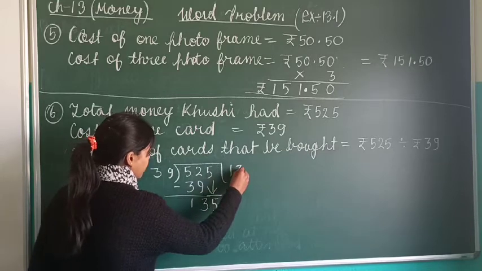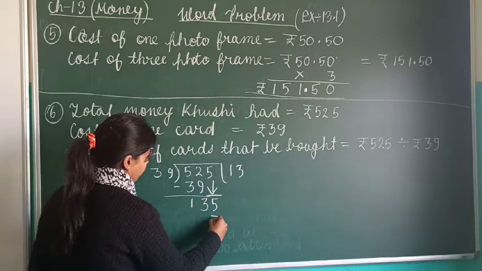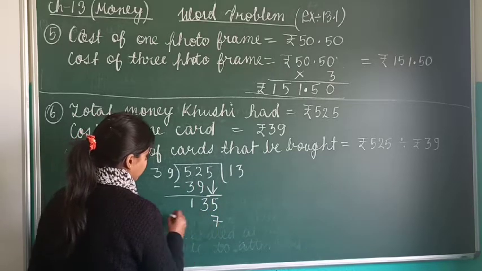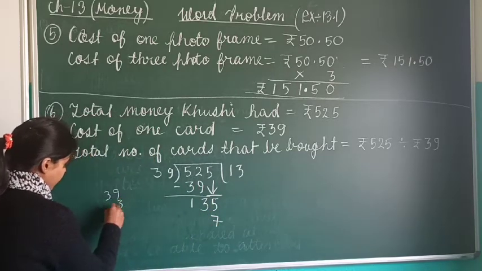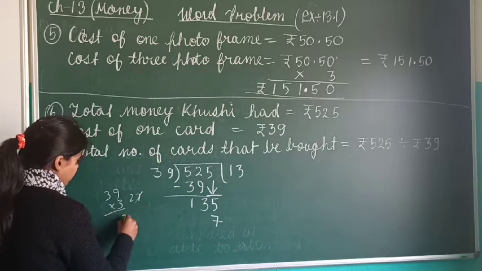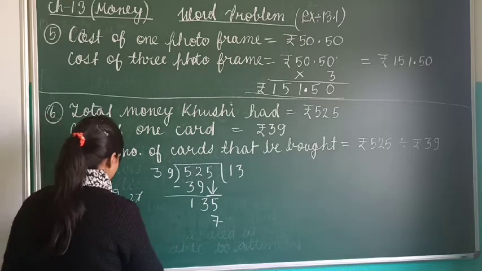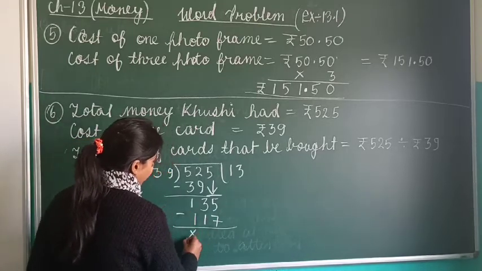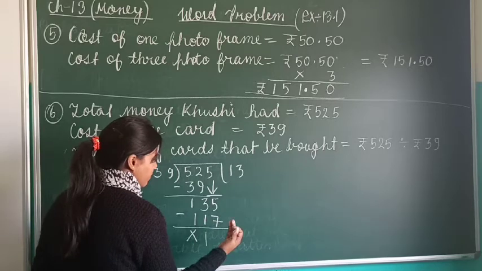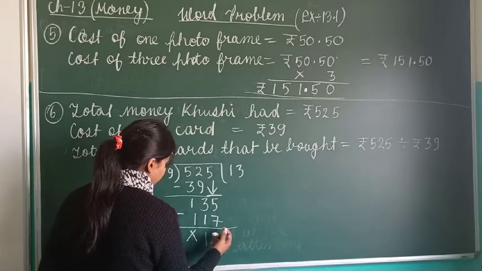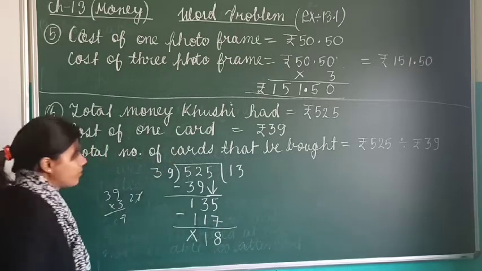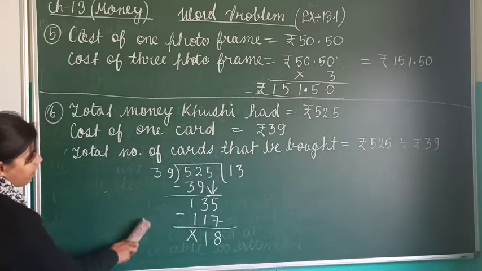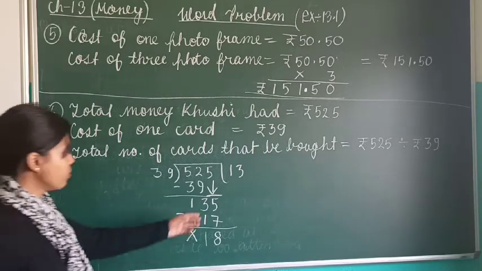Now 39 3s are 117. Now when you do this, 155 minus 117 is how much? 38. So for division, those who don't know, you can write the table of 39 and then divide. So you get this, and after this it will not get divided.